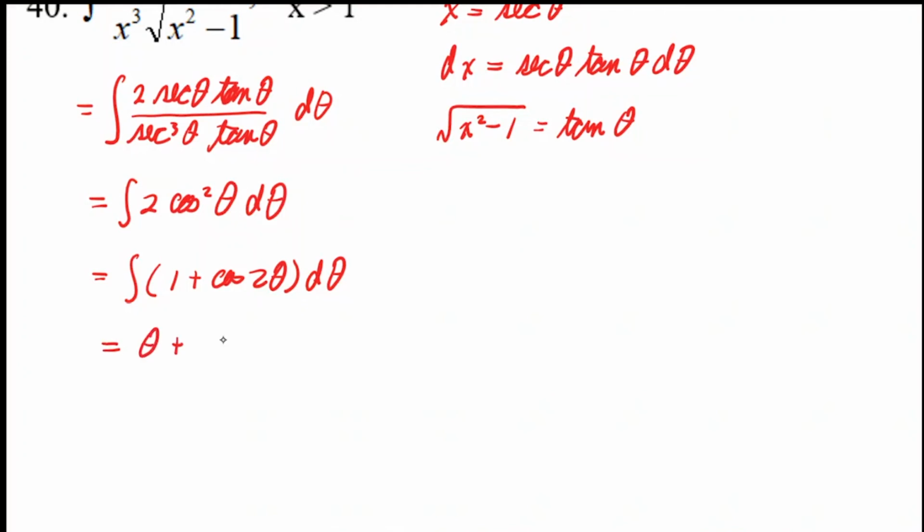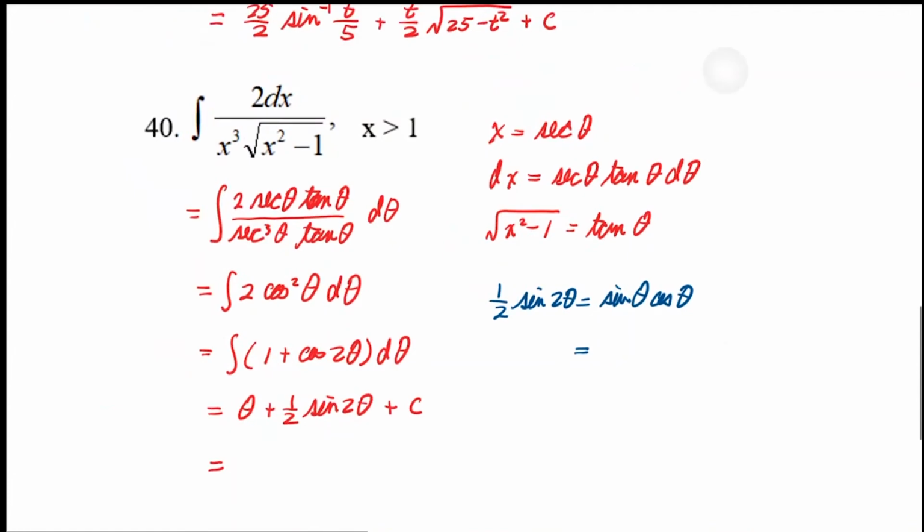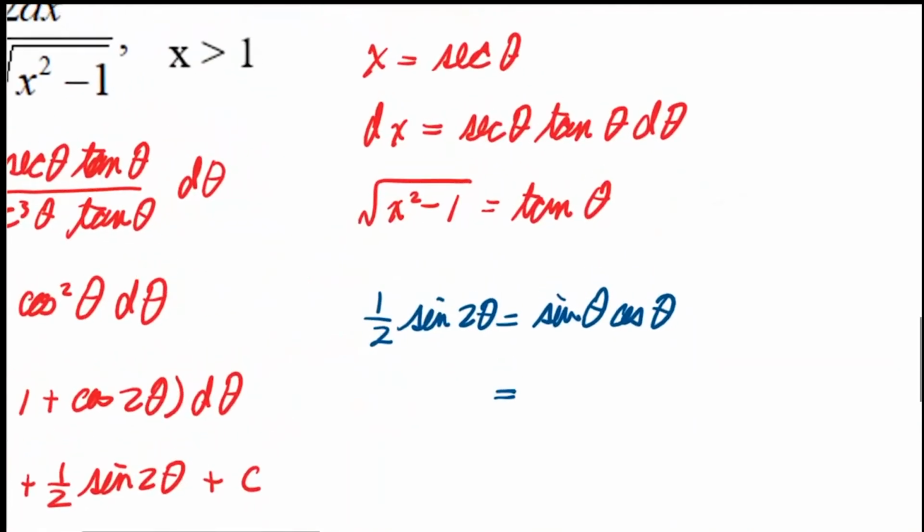So we have theta plus sine 2 theta. This is almost a recap of the problem we just did. And then, of course, sine theta, right? Okay, I'll do it on the side again. 1/2 sine 2 theta is equal to sine theta cosine theta. And then look at what sine theta is.